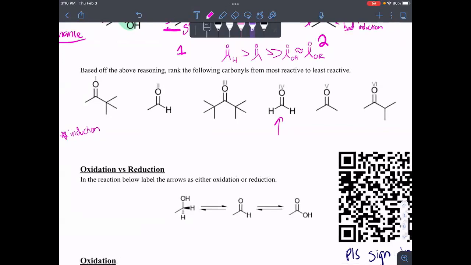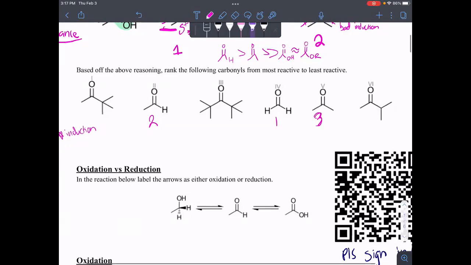So what's the second most reactive? Yeah. And then the third? Yes. Six for the last one.